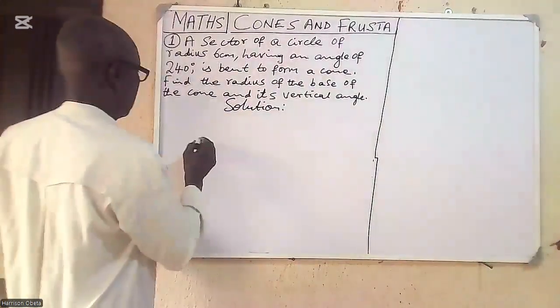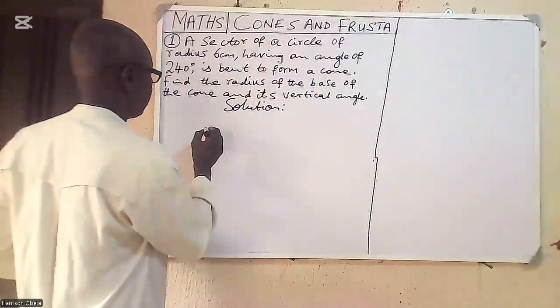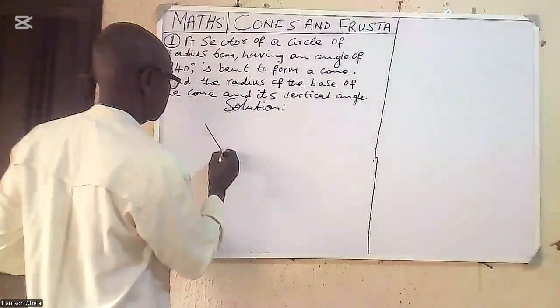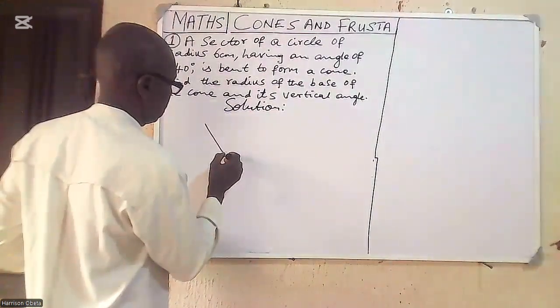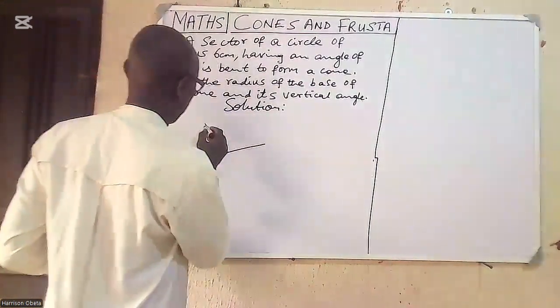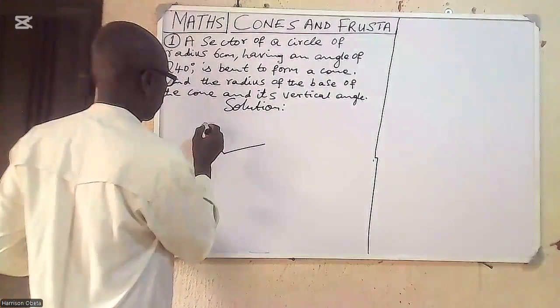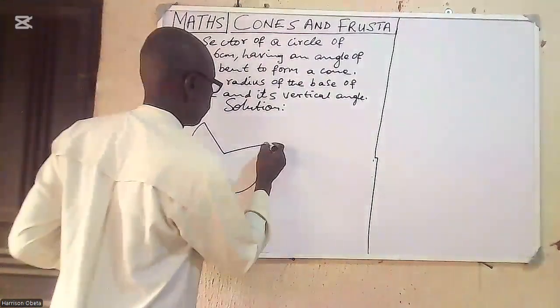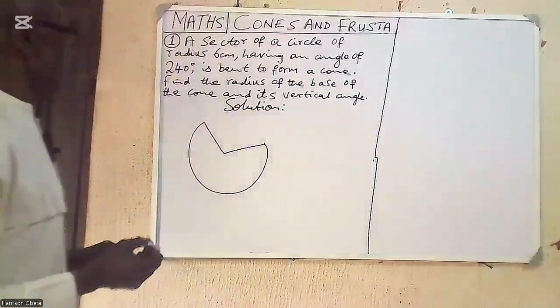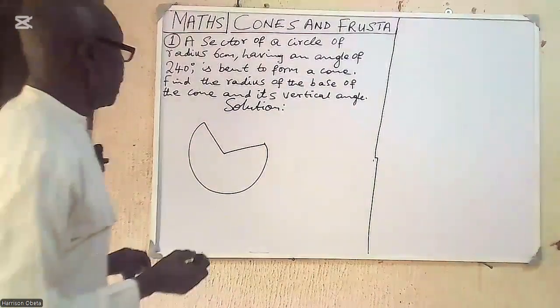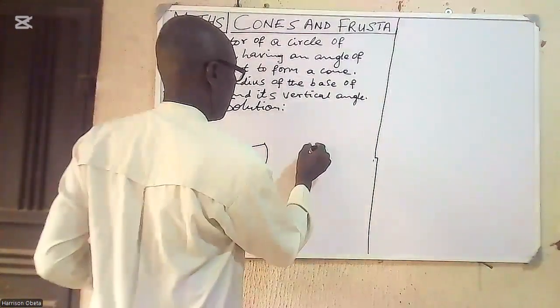So we have this. Something like this. And then the cone now.